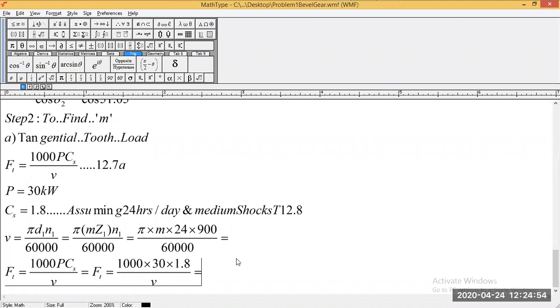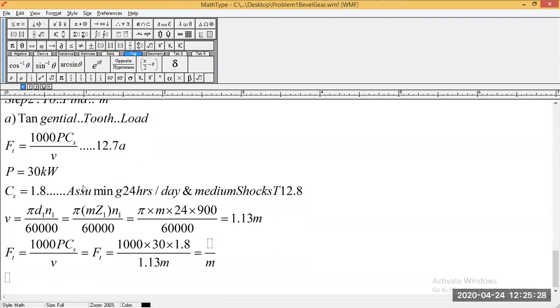So velocity is pi into 24 into 900 over 60,000. You are getting 1.13 m. We'll use this here in finding the tangential tooth load. So this condenses to some value in the numerator over m. That value, try to find out and post in the group chat.